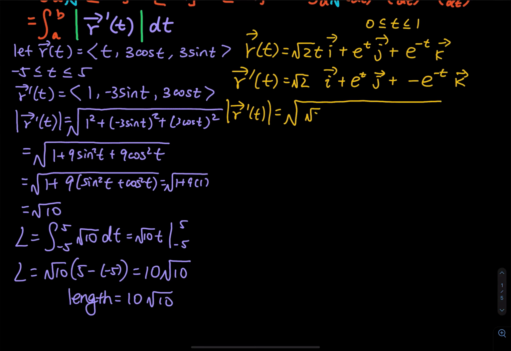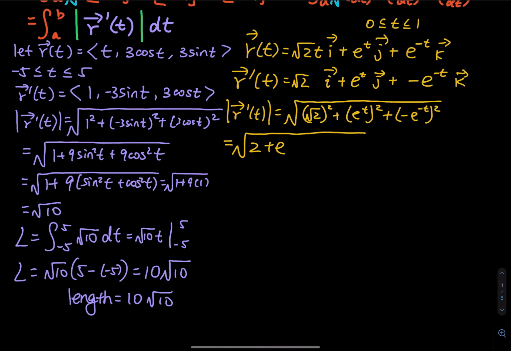So this will be root 2. You square that, and then e to the t, you square that, and then -e to the -t, you square that. That is equal to the big square root of 2 plus e to the 2t plus e to the -2t. This one you have to factor.